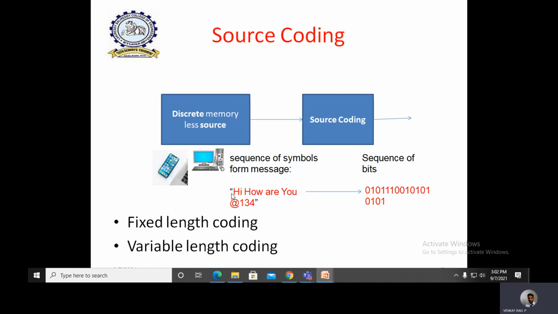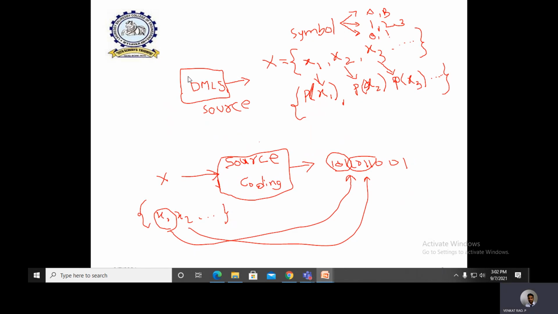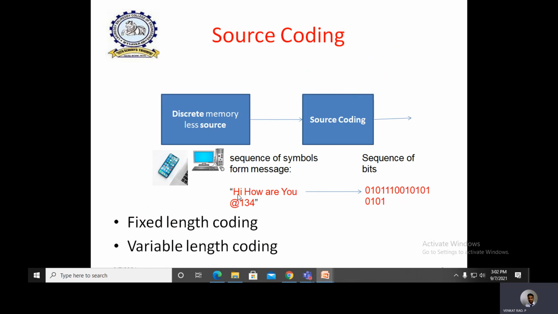Now let us see a simple representation. Assume there is a discrete memoryless source which emits a group of symbols: x1, x2, x3. Instead of writing a general message, I can represent the letters like x1, x2, x3, and so on.